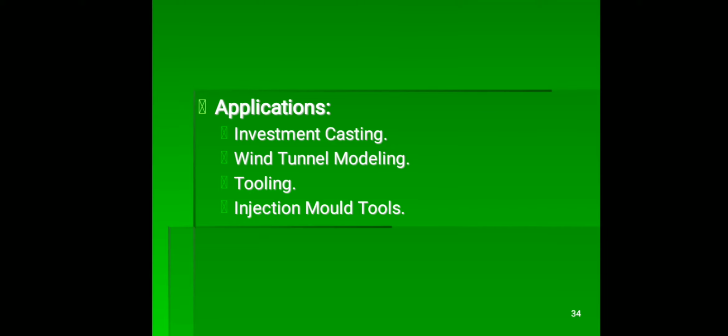So this is known as investment casting. Wind tunnel molding, you have seen wind tunnels for smaller applications, where the wind tunnel model is made using this particular technology. Then tooling, and last but not least, injection molding tools for smaller components like a rotor. So these are some applications of stereolithography technology.